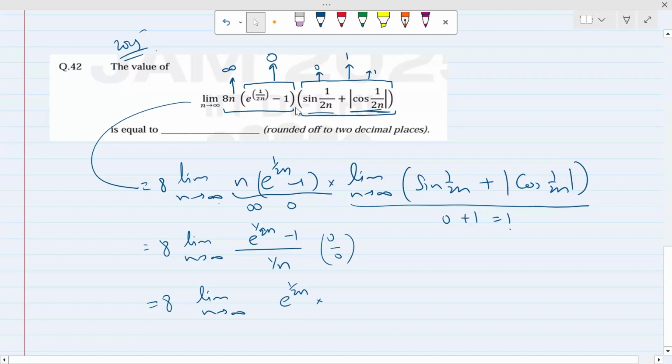Here sine 1 by 2n plus cos 1 by 2n is a finite term, so breaking is fine. I'm telling just about the first line. Yes, I understood. You want to say that we can apply algebra of limits provided the limit of each function exists. Yes, that's what I want to say. Just the first line, but after that all is okay.